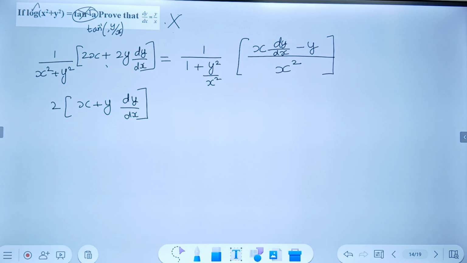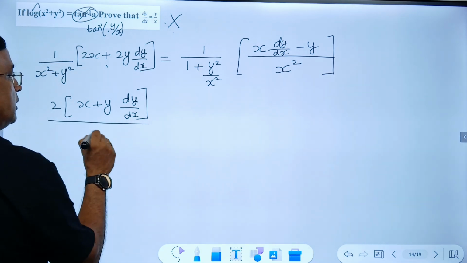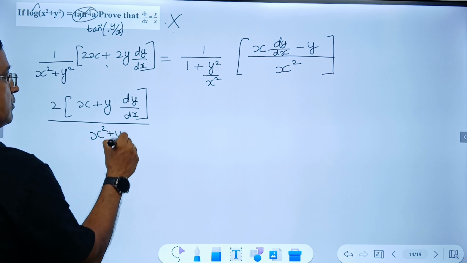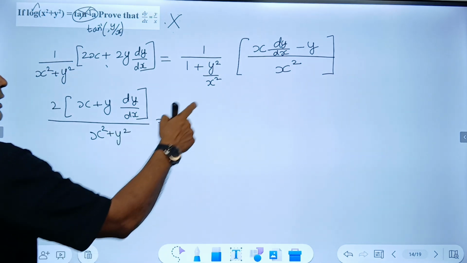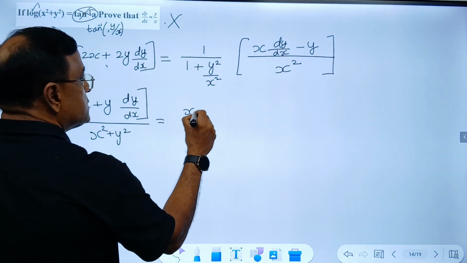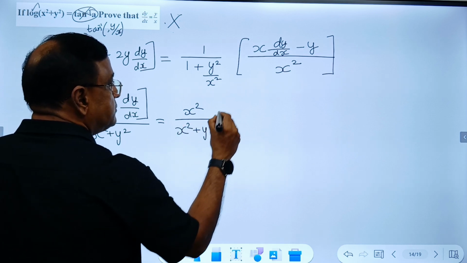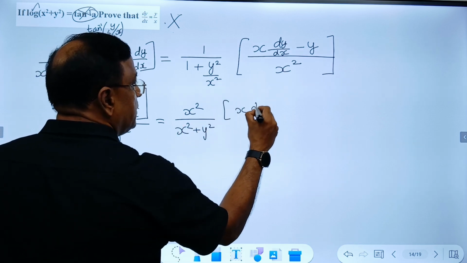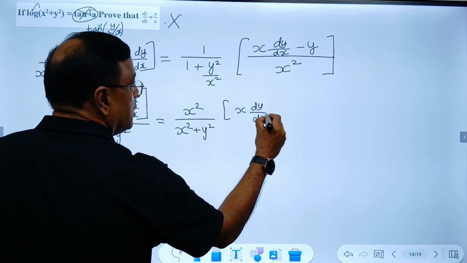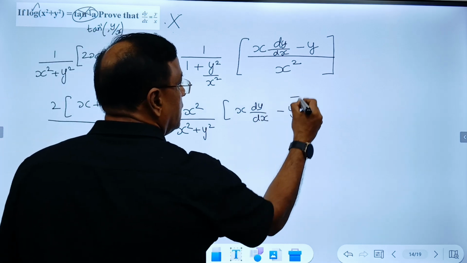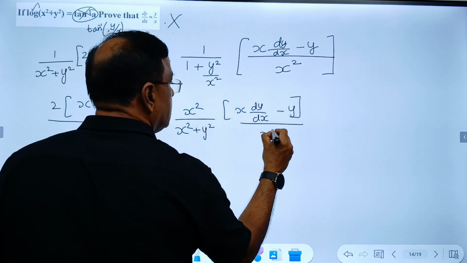Dy by dx divided by x square plus y square equal to, take LCM, what do you get? You get x square divided by x square plus y square, x into dy by dx minus y divided by x square.